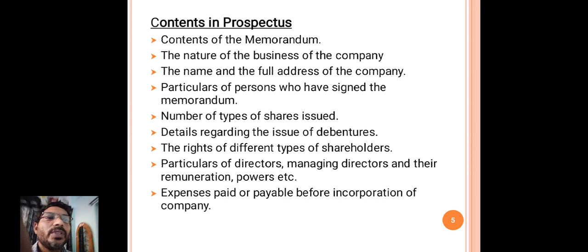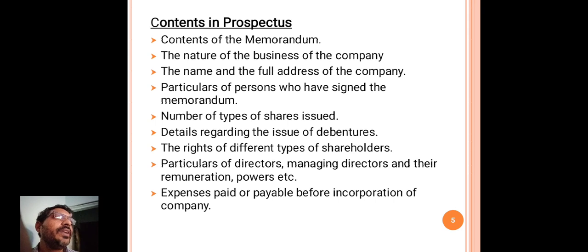Number of types of shares issued. It contains information like how many types of shares are issued.